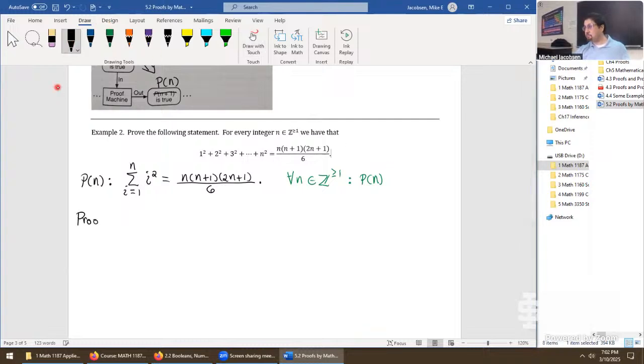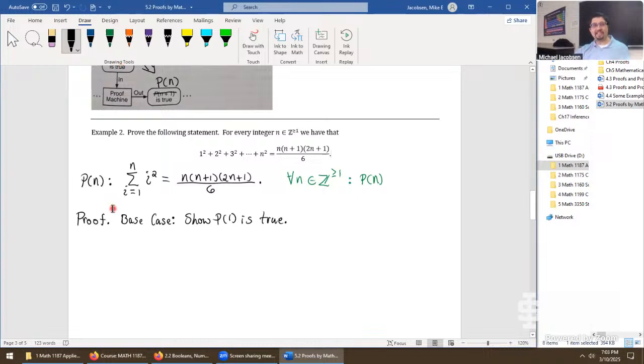And here's how it goes. Step 1, we need to show that P of 1 specifically is true. We call this the base case, or basis case if you prefer. Show P of 1 is true.